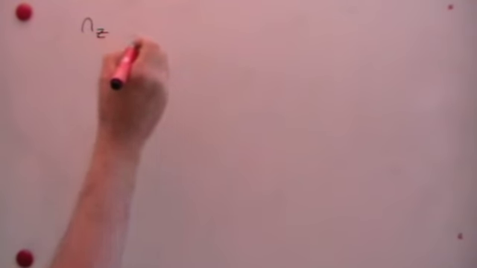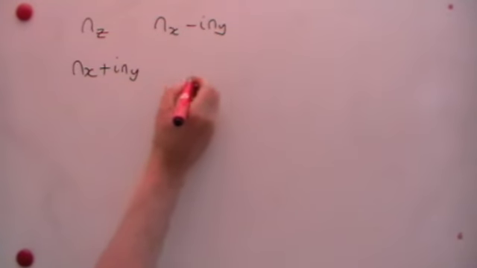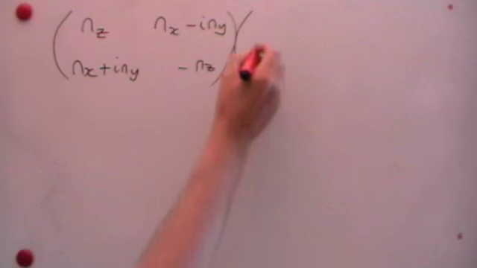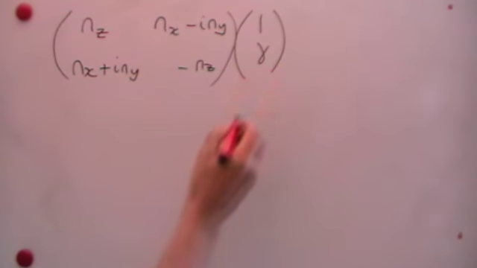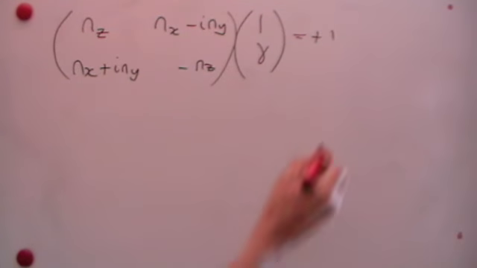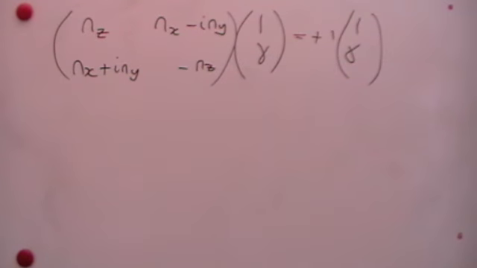So we take sigma n, which you'll remember was nz, nx minus i ny, nx plus i ny, and minus nz. And we're going to act on the eigenvector 1 gamma to give us plus 1, because that's the eigenvalue, times the same eigenvector 1 gamma.